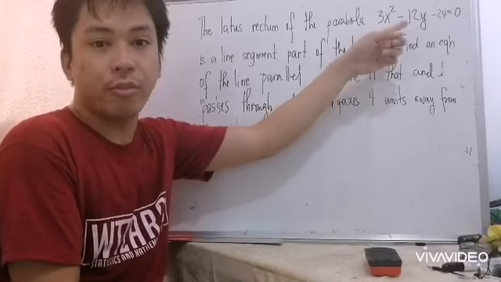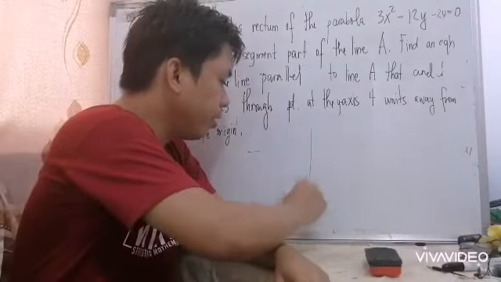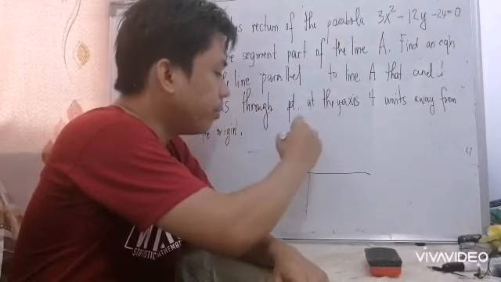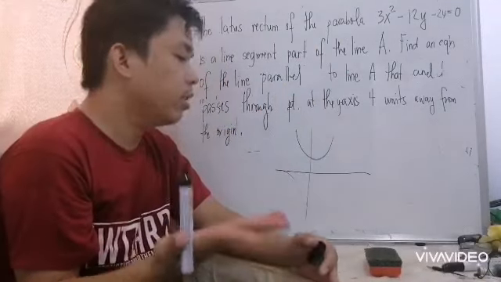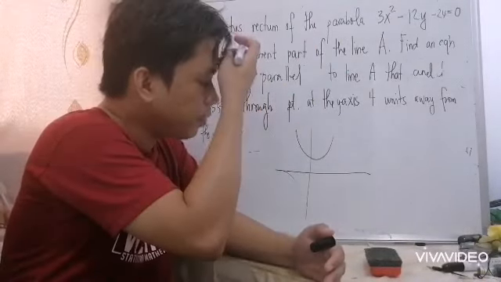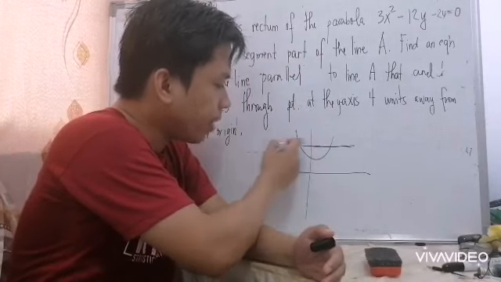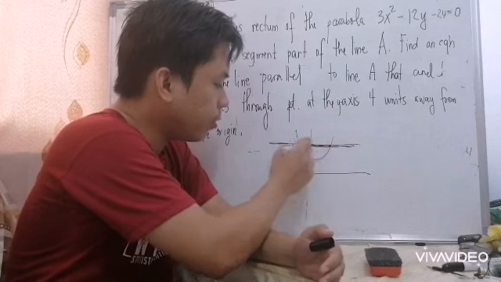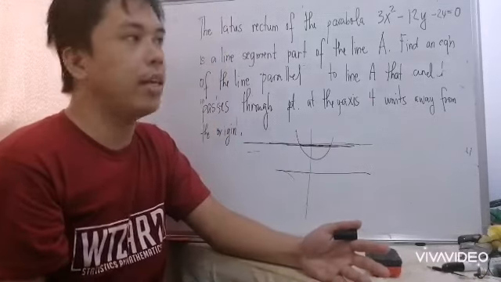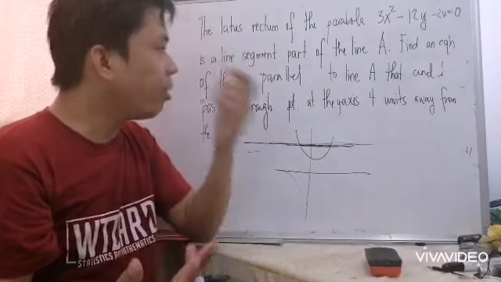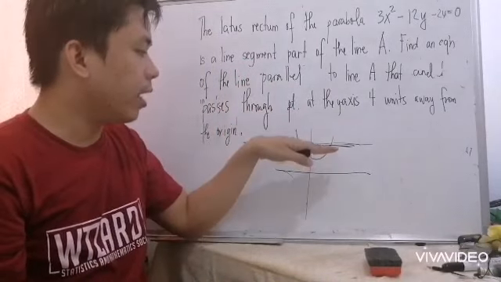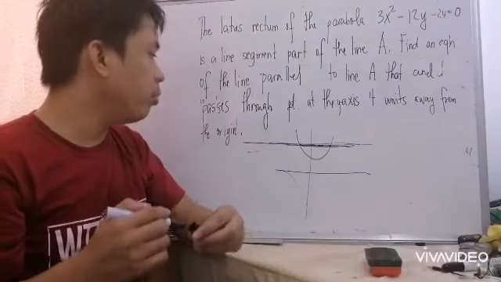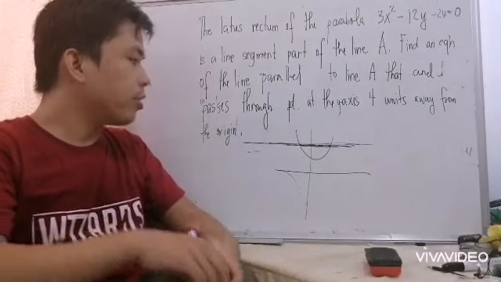Observe that this is the equation of the parabola. So if I'm going to plot on that, it looks like this because it opens up. Okay? Now, somewhere here is the latus rectum. So this is now the latus rectum, so if we extend on that, that's already the equation of the line A. Now we're going to find a line parallel to line A, so it looks like that as well.